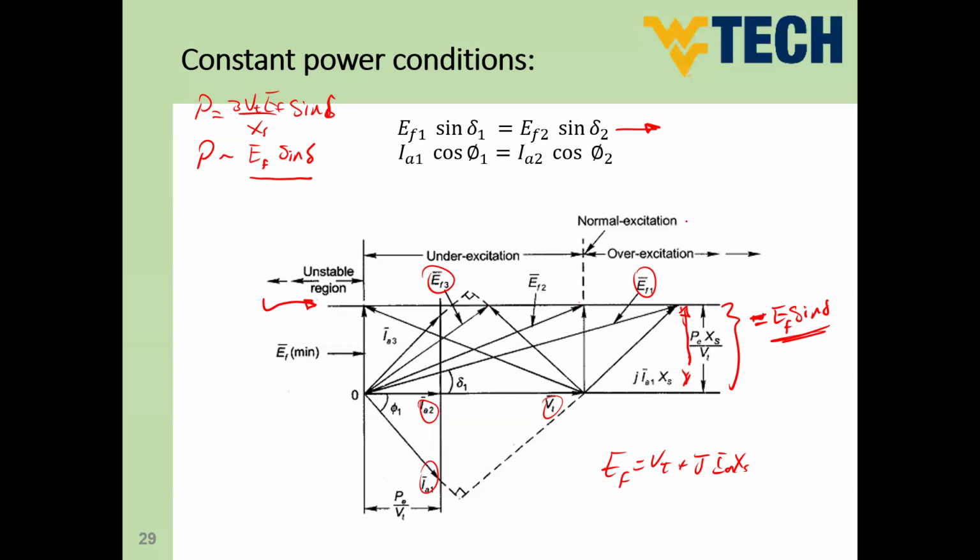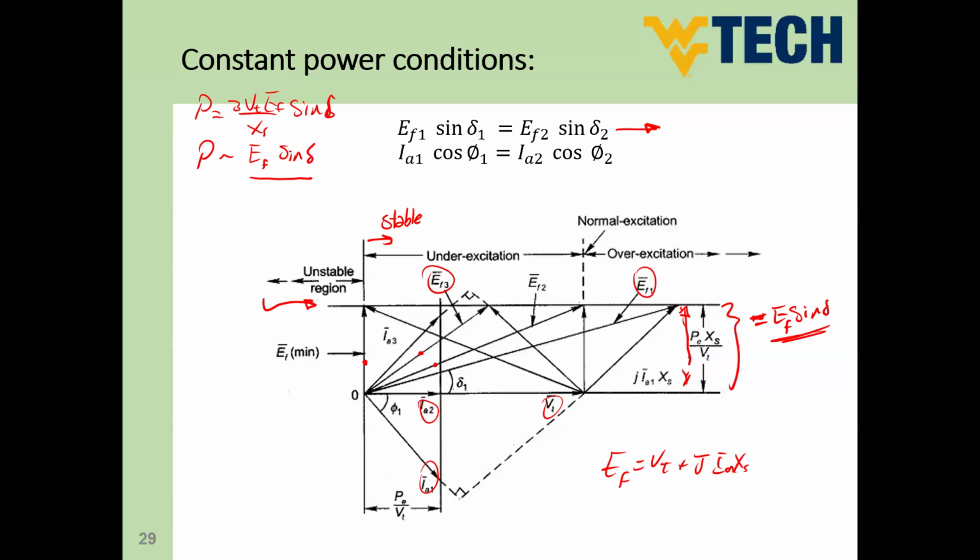Take care that this is delta 1, this is delta 2 up to this line, this is delta 3 up to this line. Delta here is going to be 90 degrees, and this is the maximum delta you can have, which is the region of stability. So in this direction here we have a stable region, and here we have the unstable region.